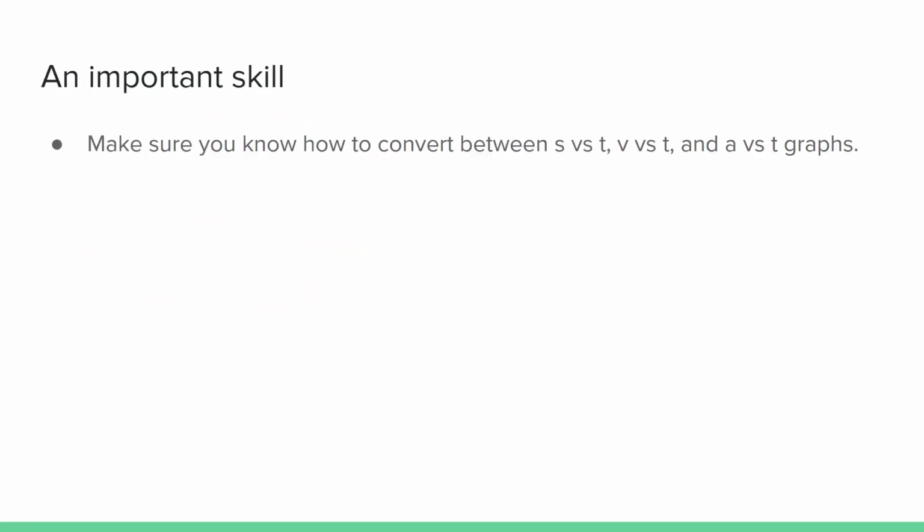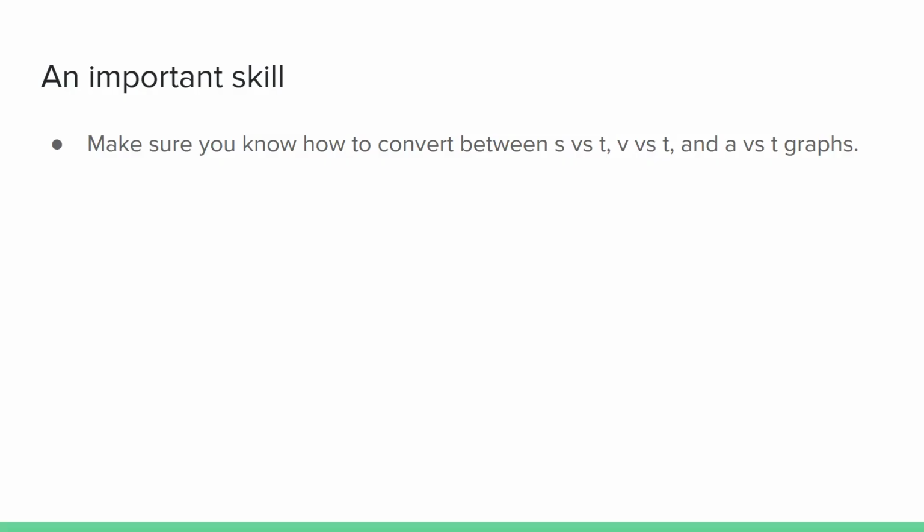All right. An important skill you're going to want to know is how to convert between the S versus T, V versus T, and A versus T graphs. So what is S? I haven't really talked about that. Well, that actually means displacement. You might be thinking, I thought we used X. Well, displacement can occur in either the X or the Y direction, so if we just use the letter S instead, that sometimes is more useful for a description such as this.